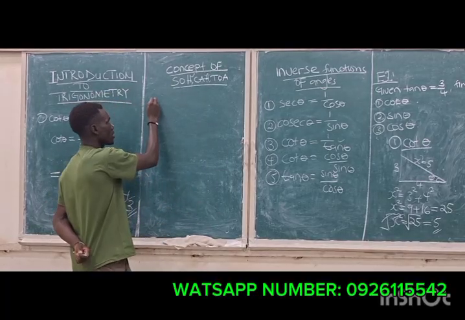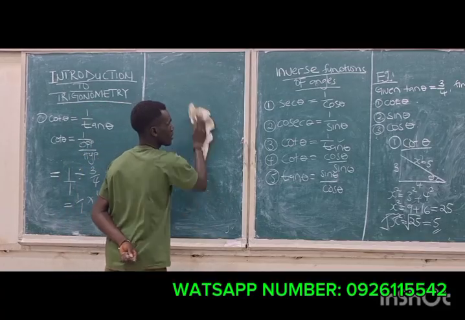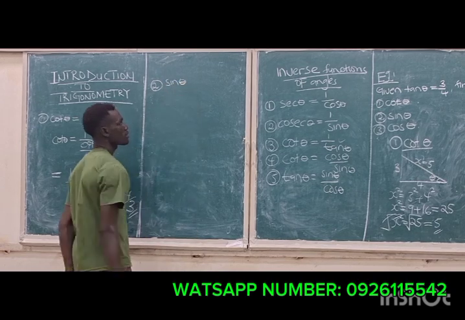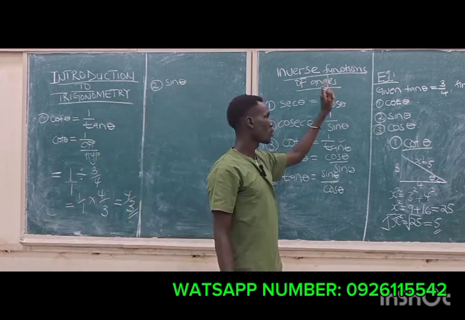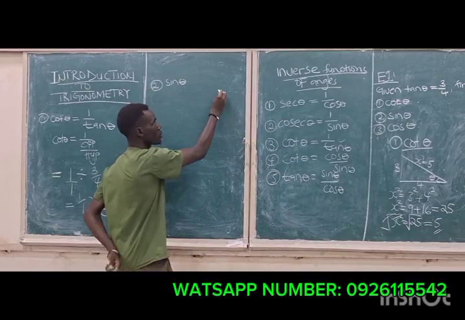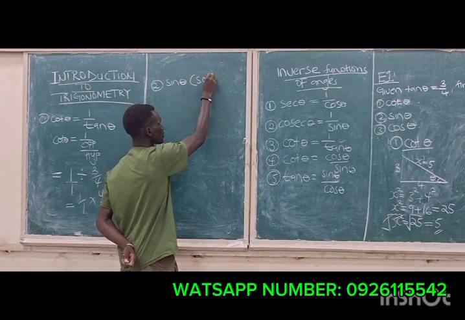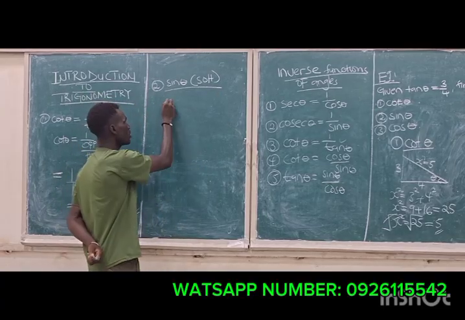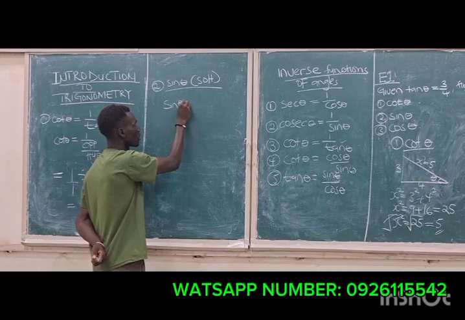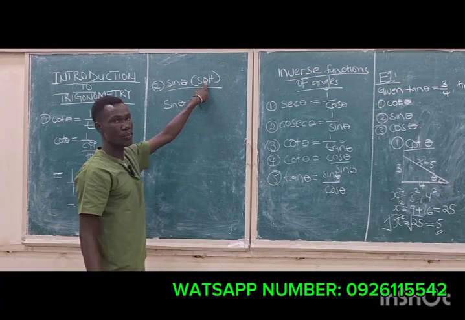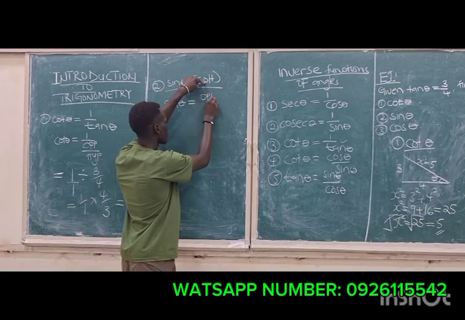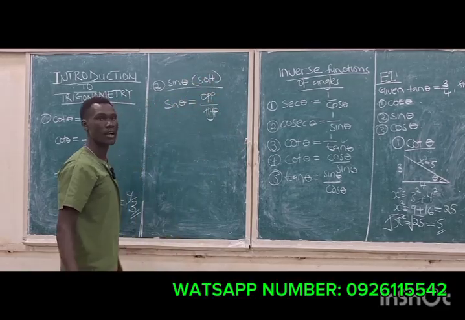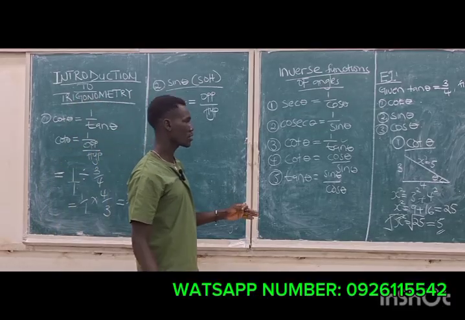Our number 2 is asking us that we should find what? Sin theta. We say that sin theta here, according to this concept, usually represents the sine. We say that sin theta, which is S, is equals to opposite over the hypotenuse, which is letter H. Now let's go back to our triangle.